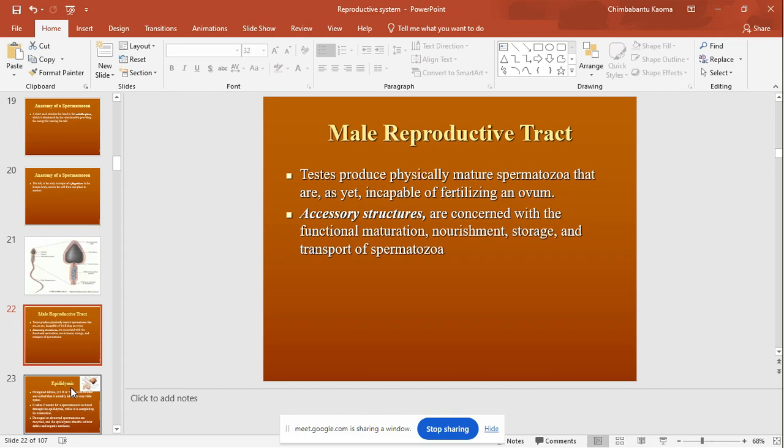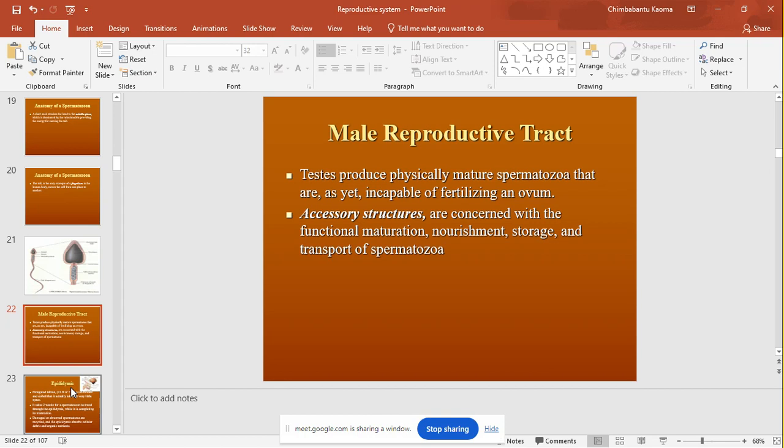Okay, so it's important to mention that once this spermatozoa has been produced by the seminiferous tubules, when you look at it, it will look physically mature. However, at this point, it's incapable of carrying out fertilization.